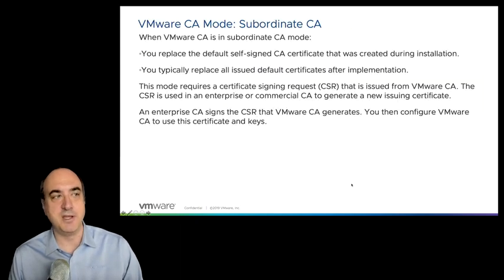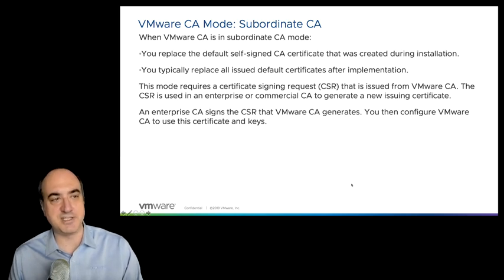In subordinate mode, this is where you replace the default self-signed certificate that was created by installation. In this case, you'll typically replace all issued default certificates after implementation. This mode will require a certificate signing request issued from the VMCA. That CSR is then used in the enterprise systems, who will then sign it and we'll use this to generate new issuing certificates.